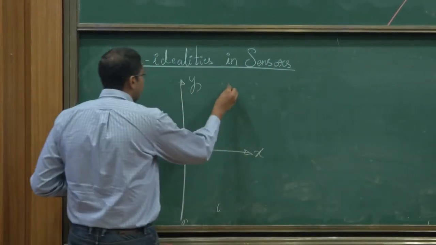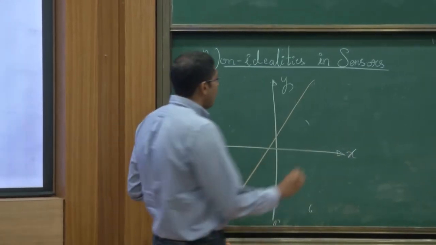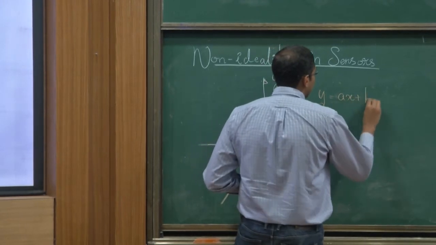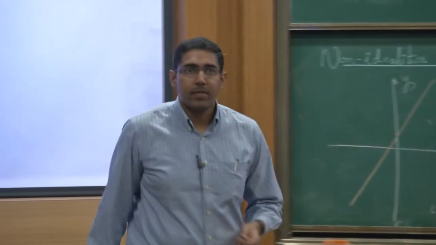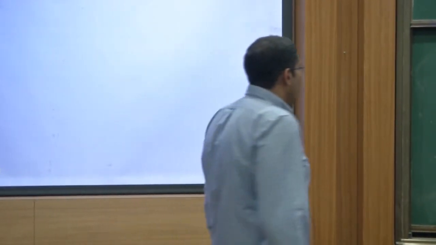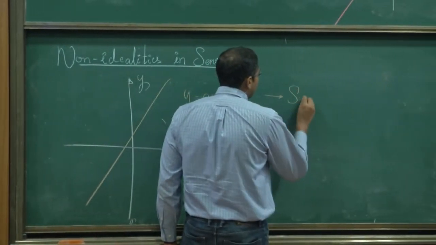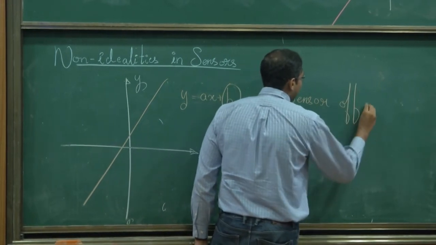So, it goes somewhere else, okay, where my output is this. Is this fine? So this is the problem of sensor offset.